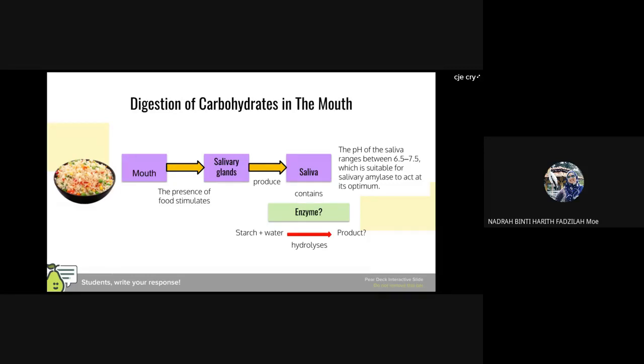So this pH range is suitable for the reaction of amylase. So the reaction in our mouth is starch and water to produce what type of product, and what is the enzyme involved? Nama enzyme apa? Produk dia apa?